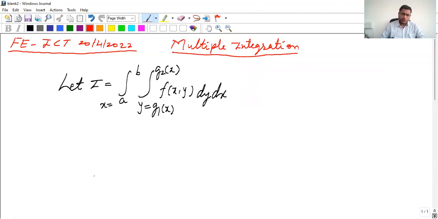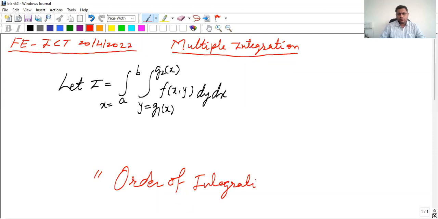So what is the most important thing? Order. We need to understand what the order of the integration is. First, we should be clear that the order of integration is not a number.